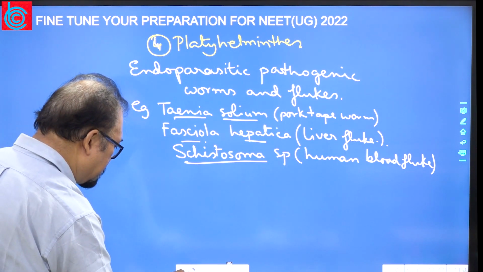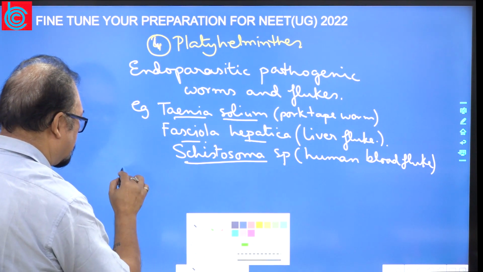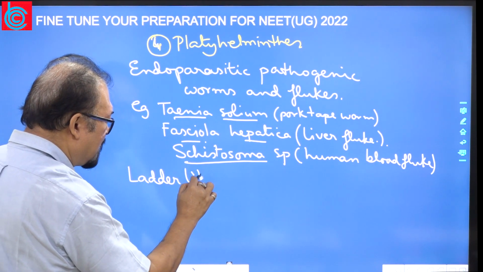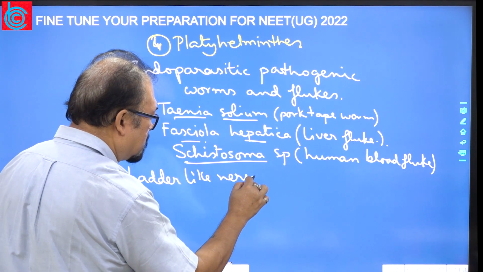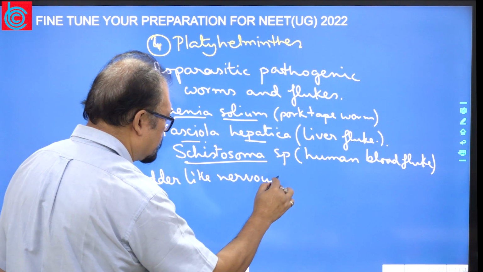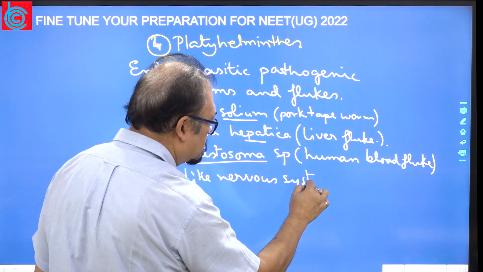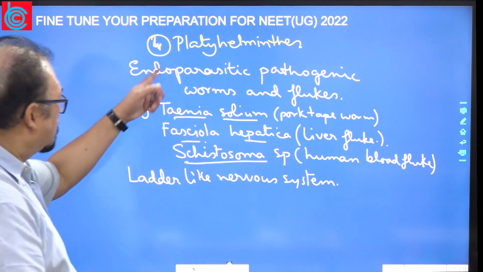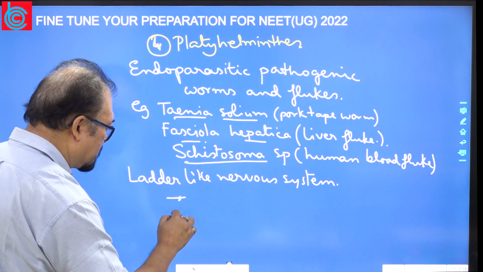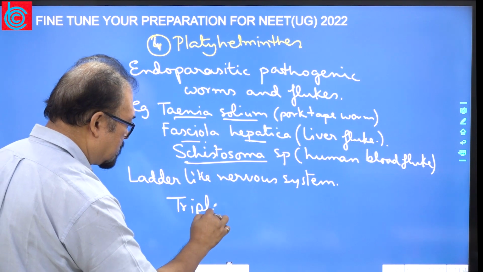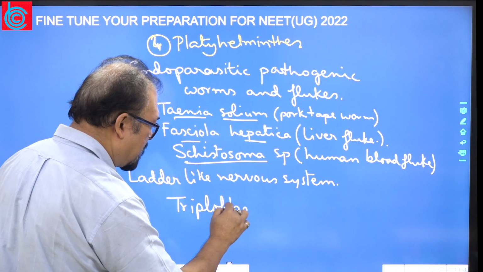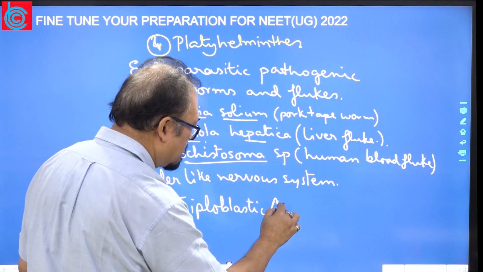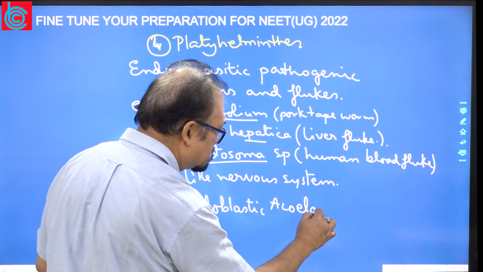What are the important characters here? Ladder-like nervous system. These Platyhelminthes are triploblastic, acoelomata.